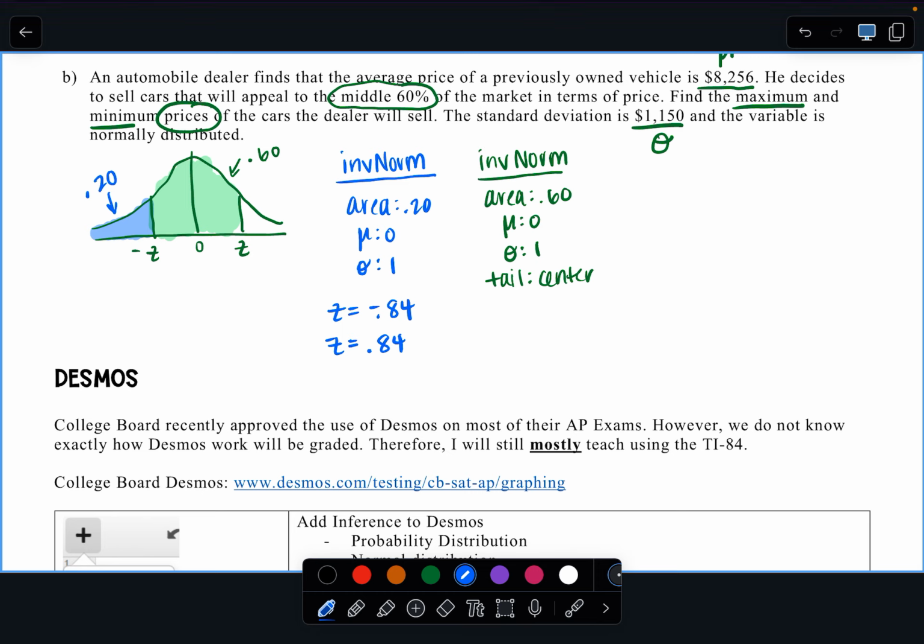Now, in this case, for inverse norm, it's going to do the same thing, but it will give you both values at one time. But they'll still be the same, negative 0.84 and positive 0.84. Now, once you know what they are, you're going to set up your equations. You will have to find them both separately because you have a positive and a negative.